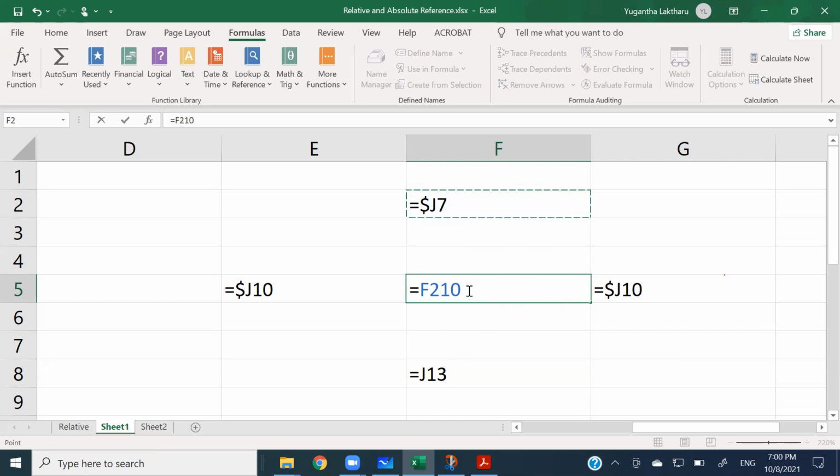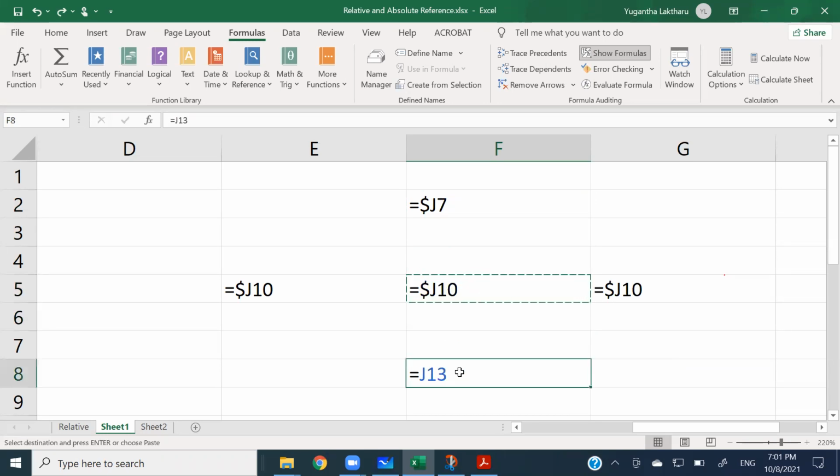Right? If I copy this over here, it will become $J13. Lamai, just a second.